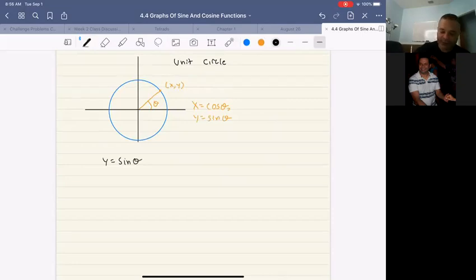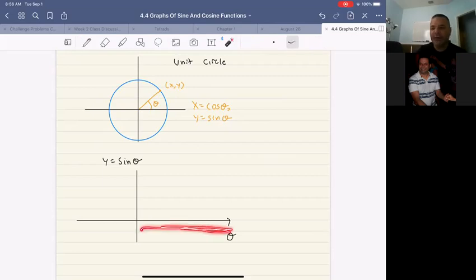Here theta goes along this independent variable direction, instead of going around. So now, what's happening to sine of theta as we go around?